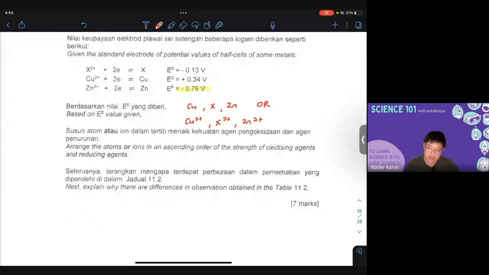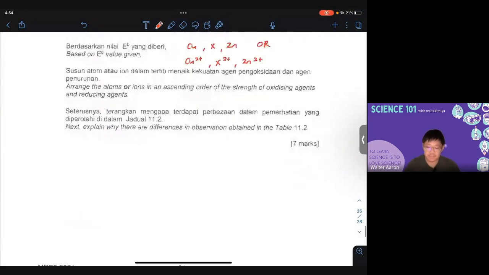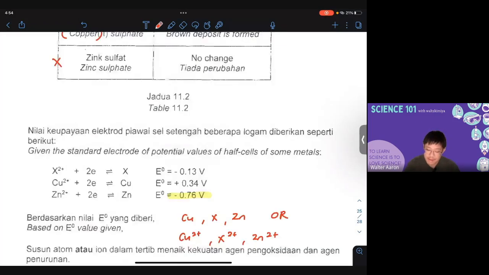The next one: explain why there are differences in observation obtained in table 11.2. So what you can say here is that in terms of negative value, X is still more negative than copper, so it can displace copper from its own salt.